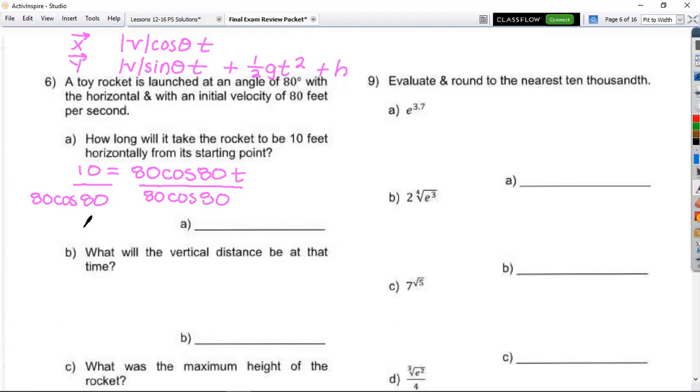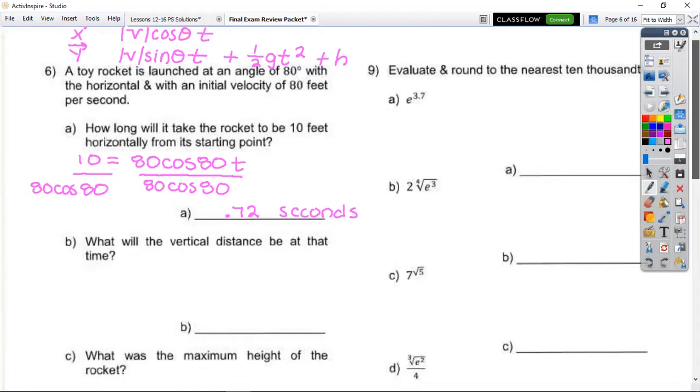So 10 divided by 80 cos 80. I got like 0.72, so let's go with that, and that would be in seconds. That's far enough as far as your rounding goes. So 2 decimal places would be sufficient.